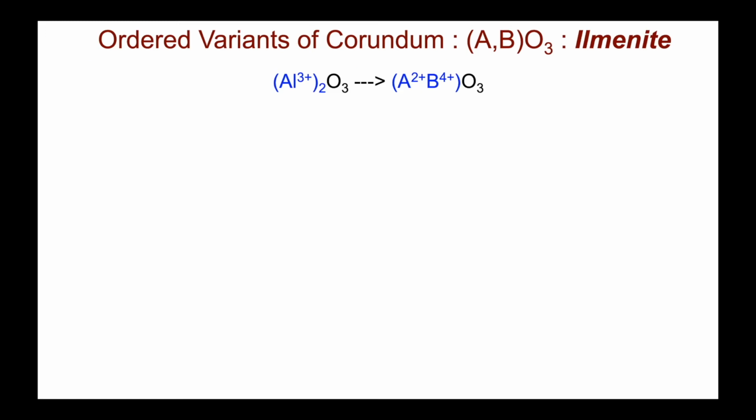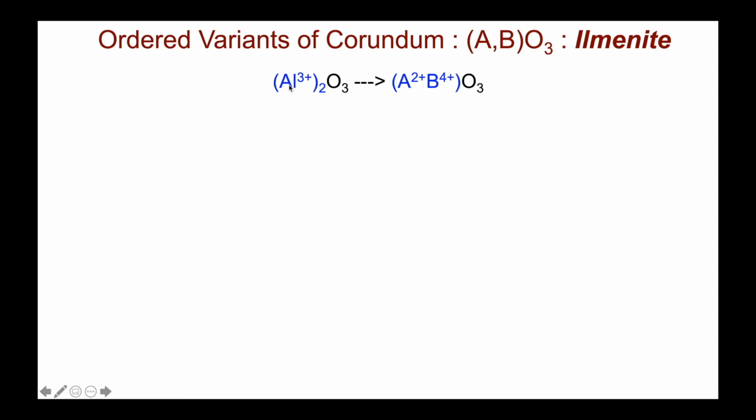There are some ordered variants of the corundum structure, and that is a very well-known structure type called ilmenite. So if we take Al₂O₃, and if we replace the 2 aluminum cations by a coupled substitution of one 2+ cation and a different 4+ cation, we'll see that we're still charge balanced.